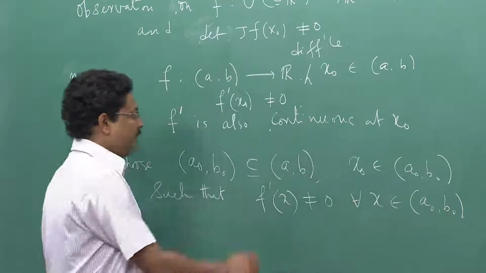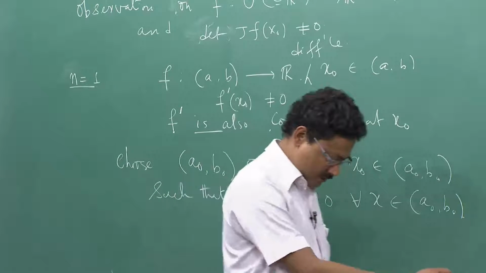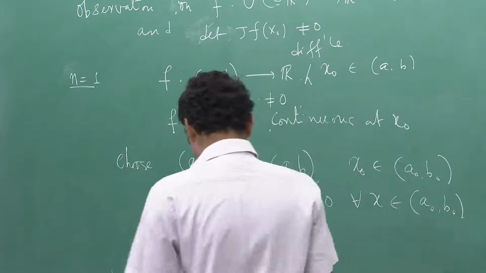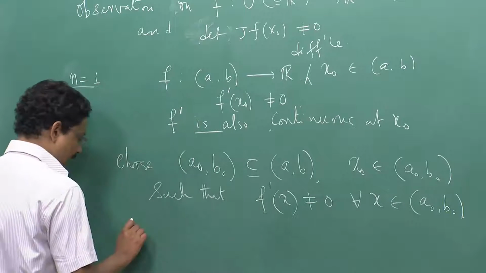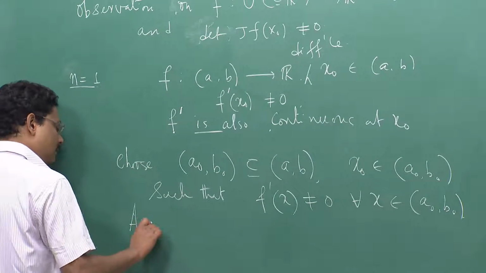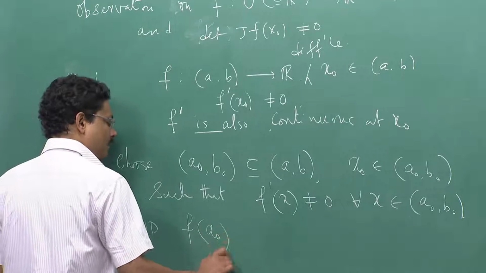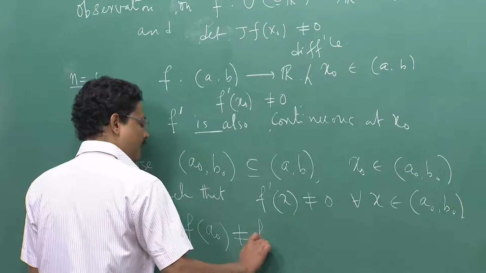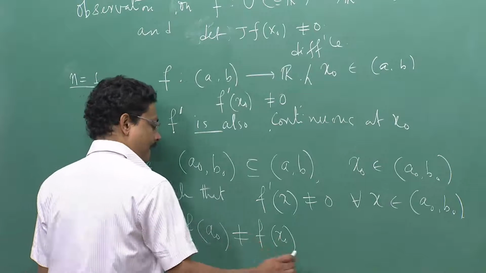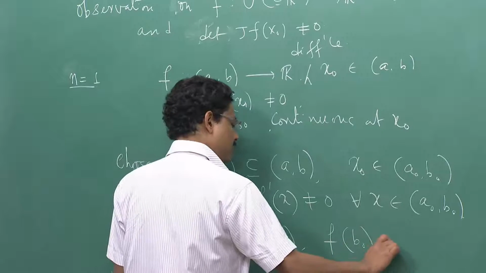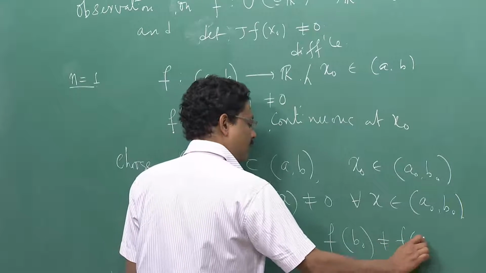This is by continuity of f prime. If a continuous function is non-zero at some point, I can choose an interval around it where it is non-zero. Okay. And f of a naught is not equal to f of x naught, and f of b naught is also not equal to f of x naught.